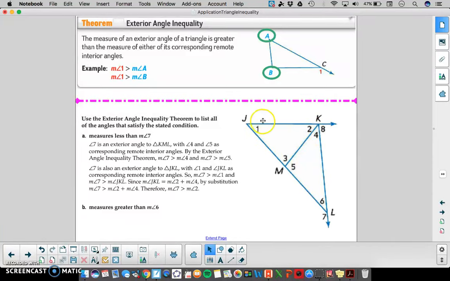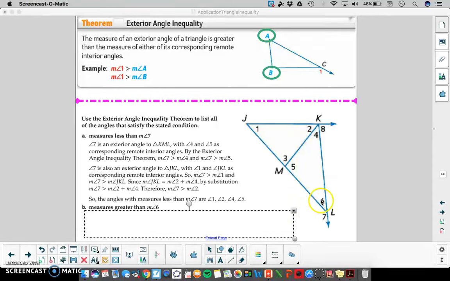And because angle JKL is angles 2 and 4 together, we know 7 has to be bigger than 2 and 4. So the measure of angle 7 also has to be bigger than the measure of angle 2. So we know all angles that are less than the measure of angle 7 are 1, 2, 4, and 5.